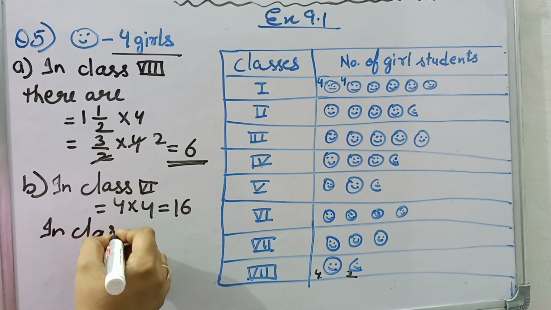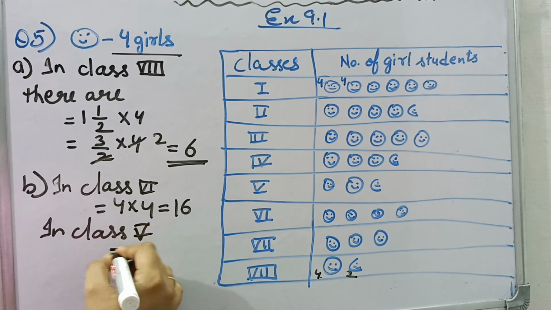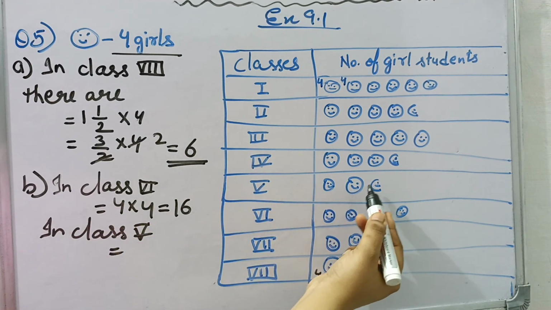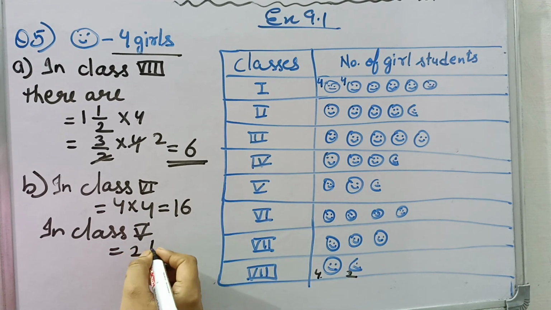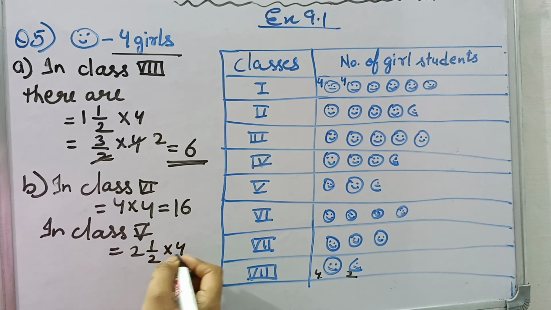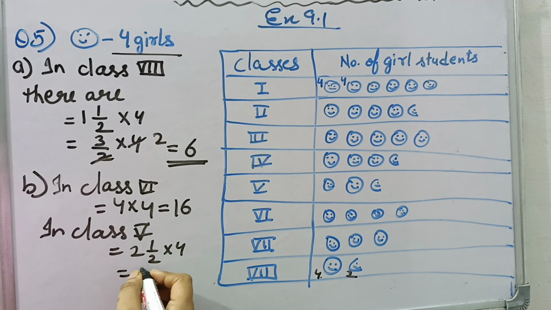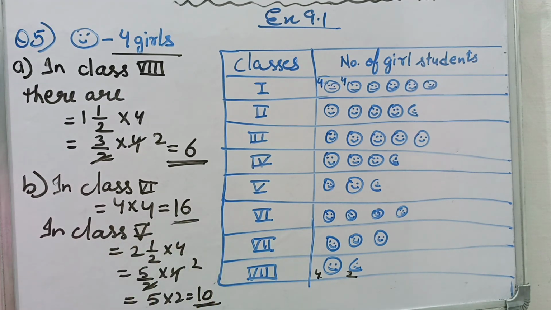In class 5, how many faces are there? 1, 2 and a half. So 2 and a half multiplied with 4, it will become 5/2 multiplied with 4. Cancel out this 4 with 2, and 5 multiplied by 2 is 10. So the number of girl students in class 5 is 10 and in class 6 is 16.